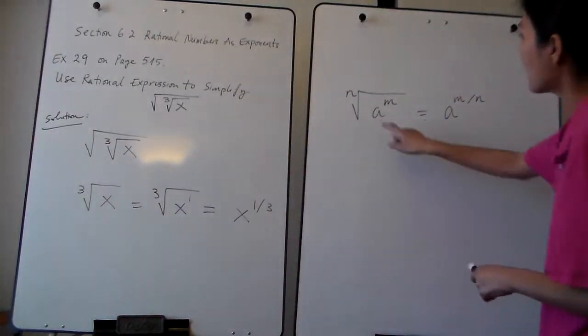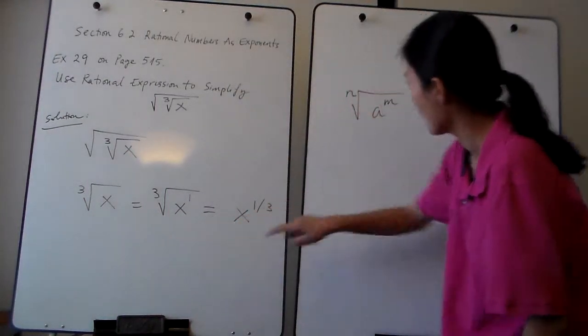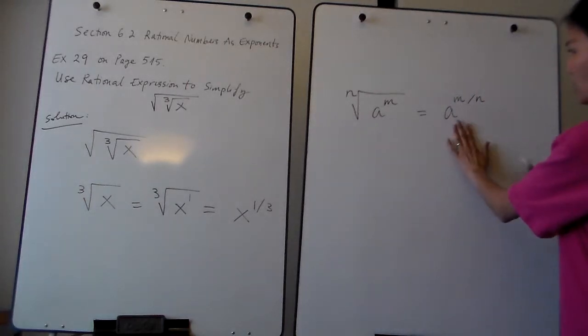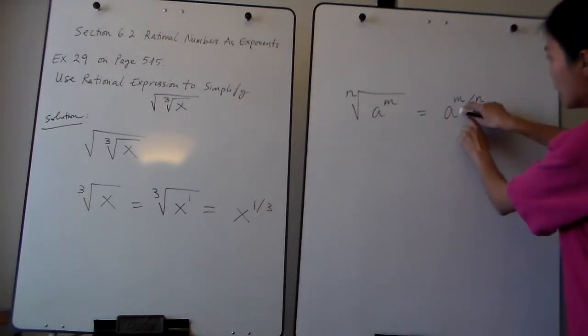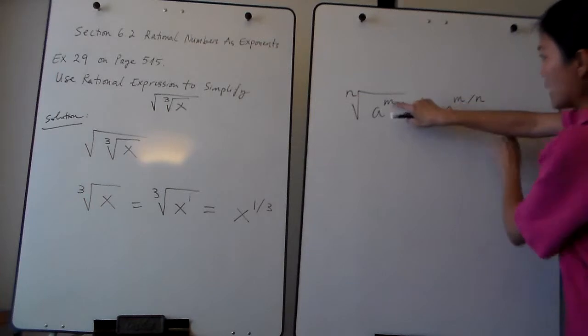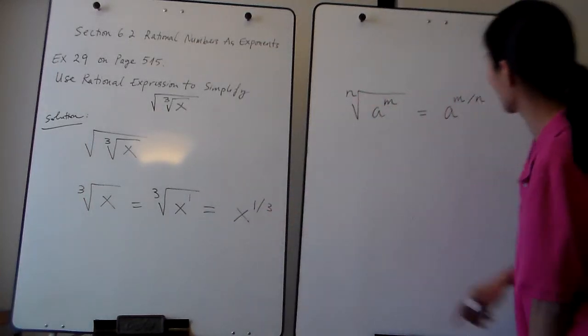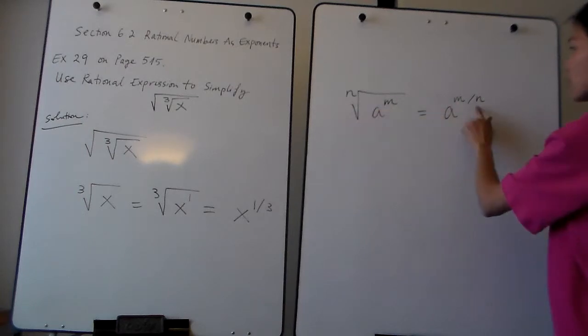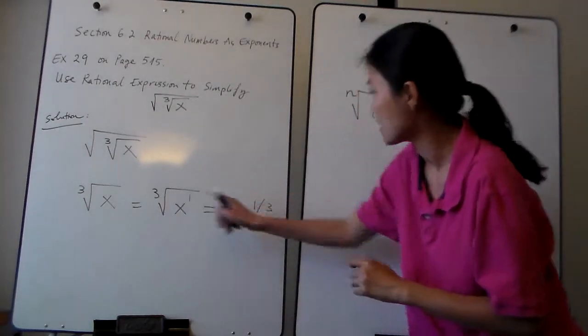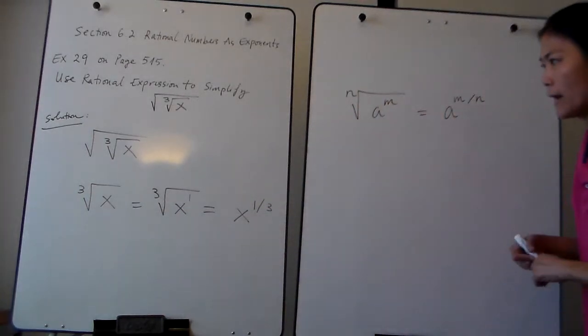And you see, a is x, right? So take it out. I have a here. m is the exponent of this a inside the radical, right? Which is 1. That's why I have 1 here. And n is the n-th root, and I have cube root. That's why I have 3 here. Okay?